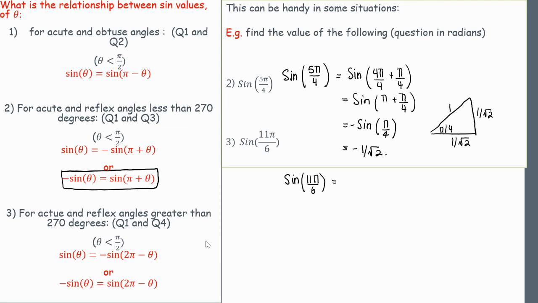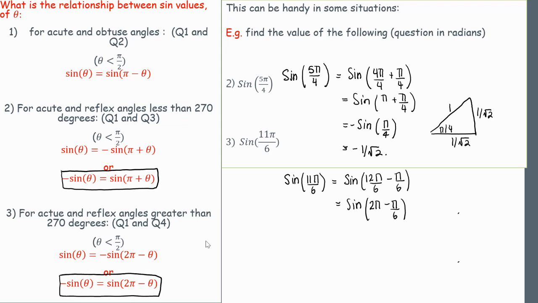Let's try it for sine 11 pi on 6. 11 pi on 6 is not close to pi, but it's pretty close to 2 pi. I can write 11 pi on 6 as 12 pi on 6 minus pi on 6. 12 pi on 6 is 2 pi, minus pi on 6. Okay, I can see I have this last rule, rule 3, that sine of 2 pi minus theta equals minus sine of that theta.